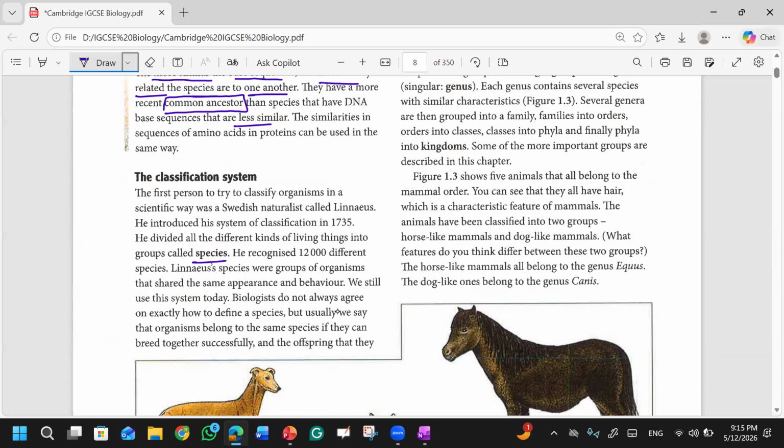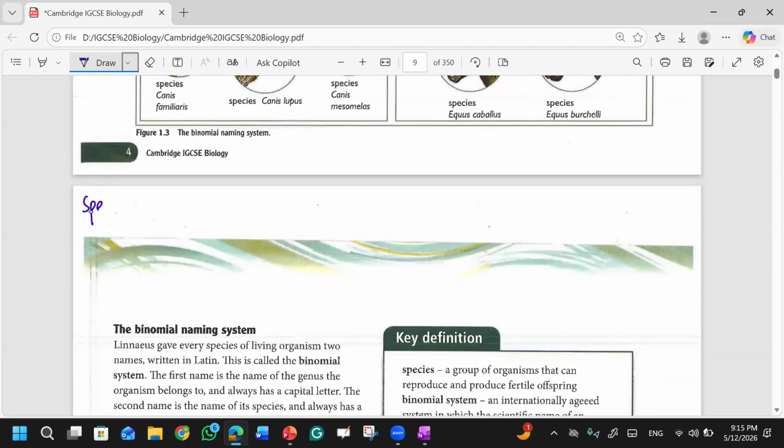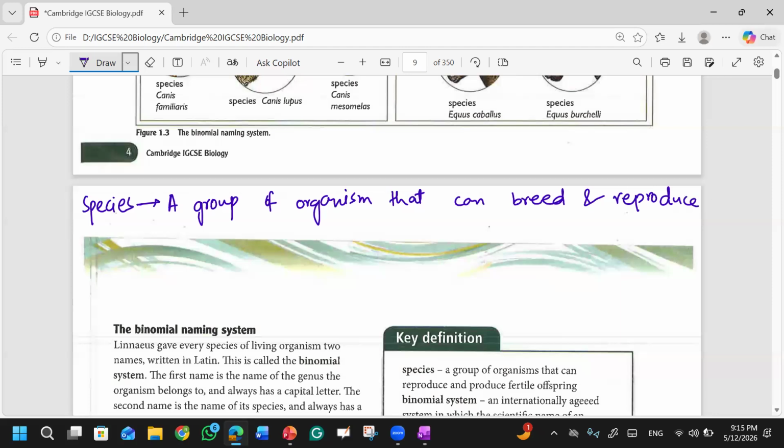And I told you one more thing. What is meant by fertile offspring? A species is a group of organisms that can successfully breed and reproduce fertile offspring. Fertile offspring means that they can further also reproduce, maybe in further generations.